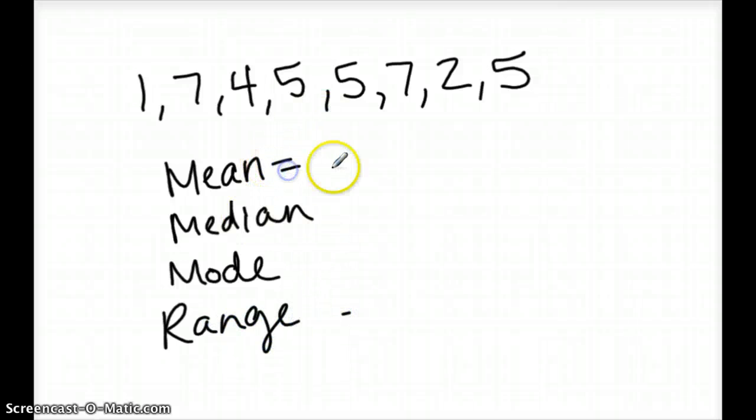So to find the mean, I add up all my numbers and I divide by the number of numbers that I have. So I add 1 plus 7 is 8, 8 plus 4 is 12, 12 plus 5 is 17, 17 plus 5 is 22, 22 plus 7 is 29, 29 plus 2 is 31, 31 plus 5 is 36, so that equals 36.